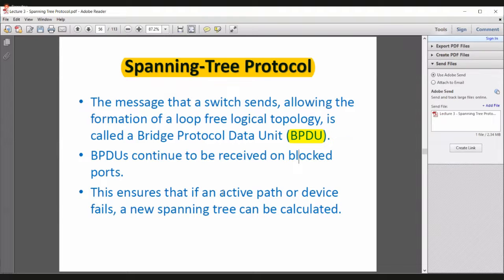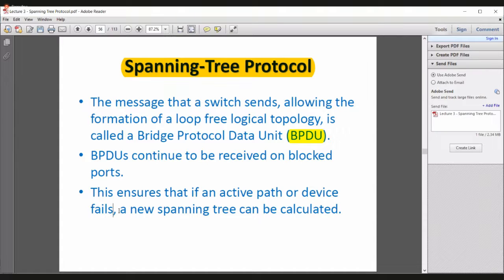This ensures that if an active path or device fails, a new spanning tree can be calculated. Otherwise, the network is isolated in some form. So to avoid that, once a device or link has failed, we should find an alternative.